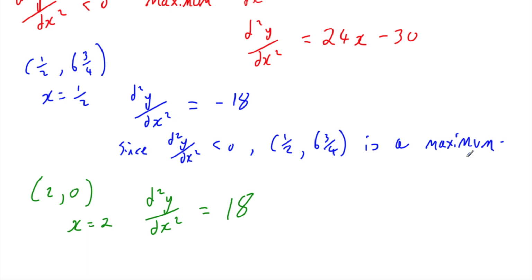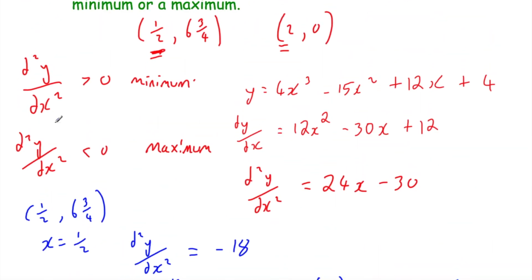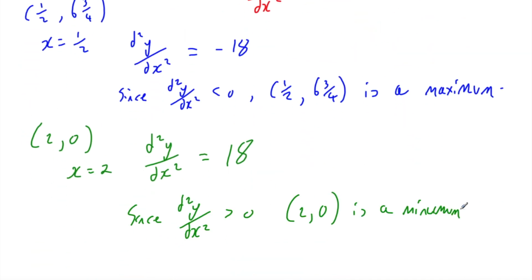And remember that if it's positive, if d2y over dx squared is bigger than 0, it's a minimum turning point. So let's write that down. And that's it. I've just explained that since d2y over dx squared is bigger than 0, because it was positive, it's 18, that particular turning point, (2, 0), is a minimum turning point.